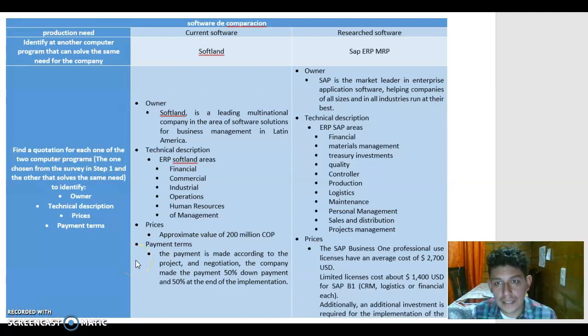Meanwhile, SAP is the tech leader in the enterprise application software field, competitive in the health science and health industrials.